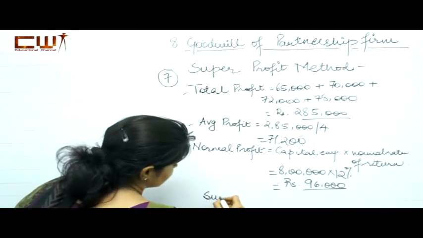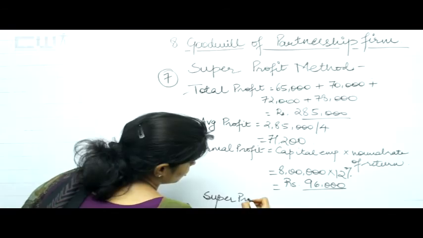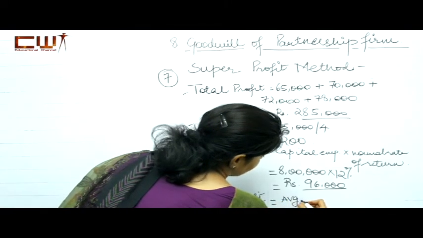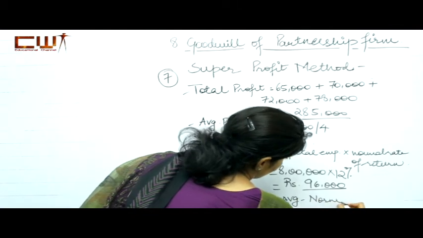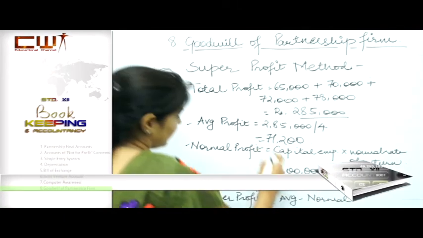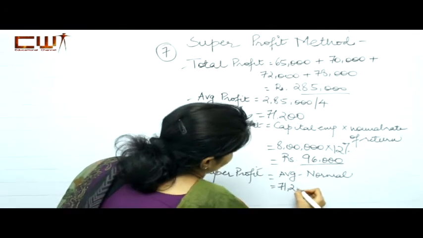Let's calculate the super profit. Super profit, what is the formula? Average minus normal. What is the average profit? Average profit is 71,200.